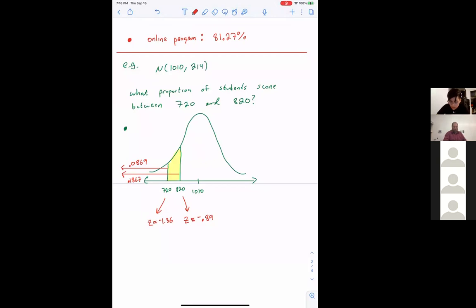And therefore, what percentage is between 720 and 820? According to the table, 0.0998, so 9.98% will be between 720 and 820.